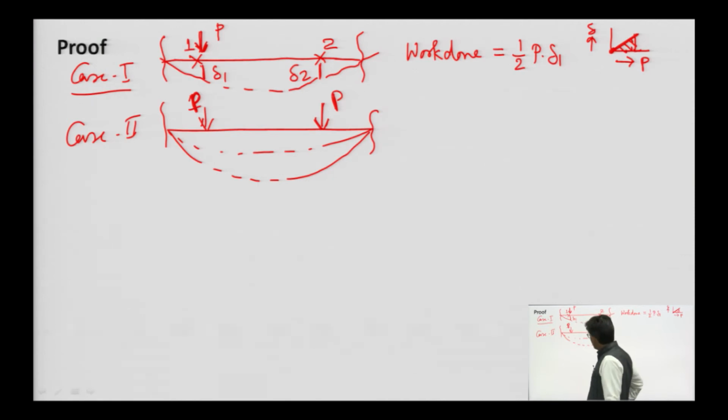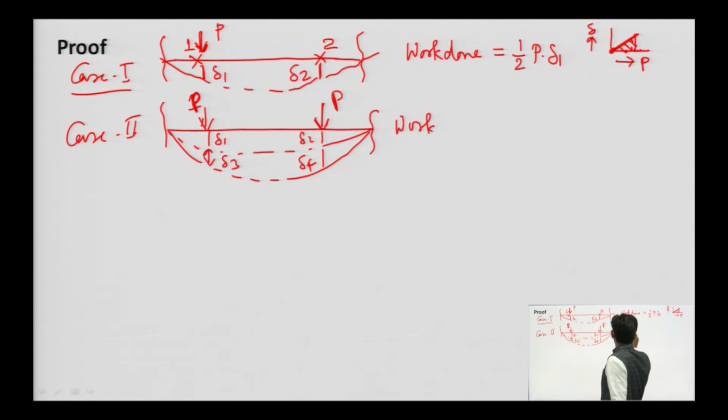Then initially it was del 1 and del 2, now say it is del 3 and del 4. So, in this case, what is the work done?